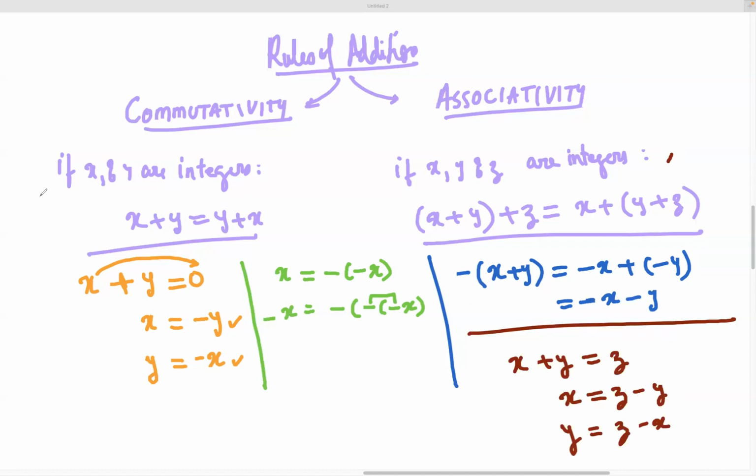Now let me clear the screen and we'll look at a few more examples to really understand this well.